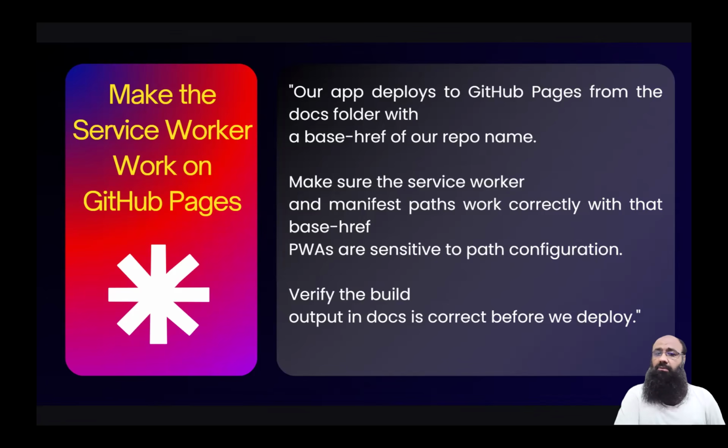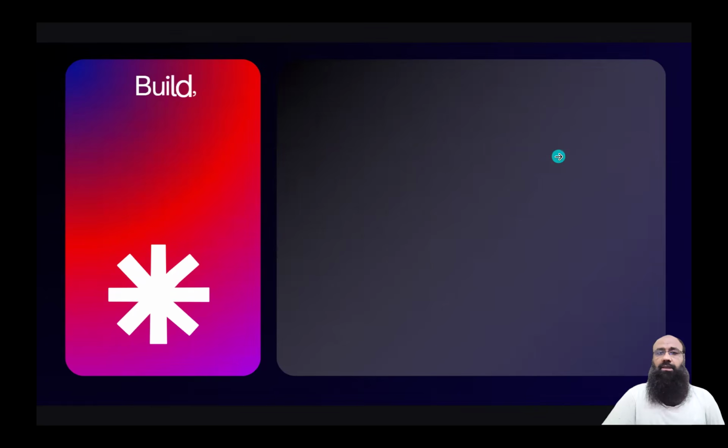Make sure the service worker and manifest paths work correctly with that base-href, as PWAs are sensitive to path configuration. This is something we are instructing Claude to take care of. Verify the build output in docs is correct before we deploy. So before any deployment, we are asking Claude Code to verify everything.